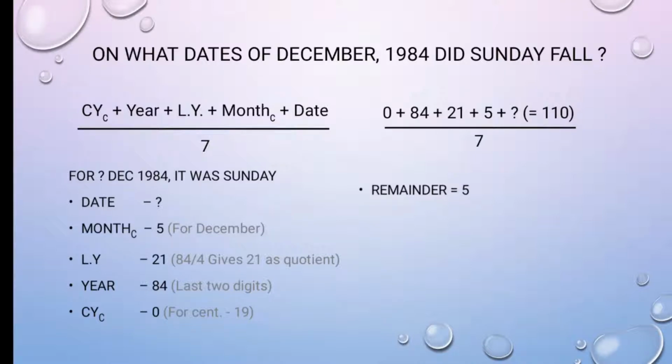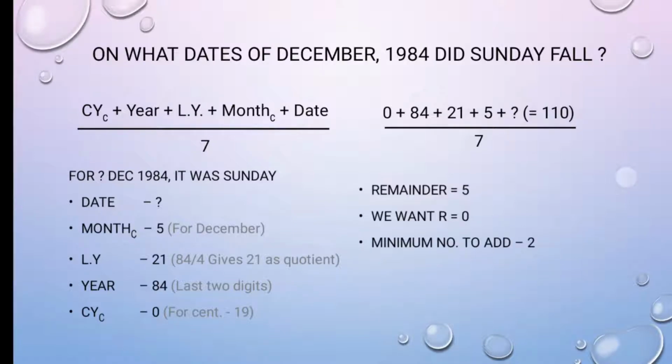But like I told you, because it was a Sunday on that day, the remainder that we want is 0. So to get the remainder as 0, what minimum number can you add to 5? You will add 2 as the minimum number.